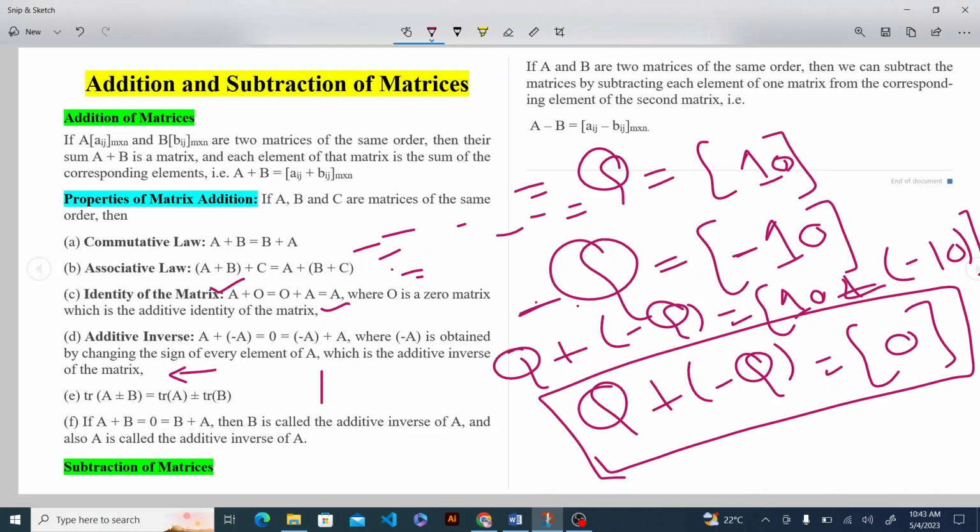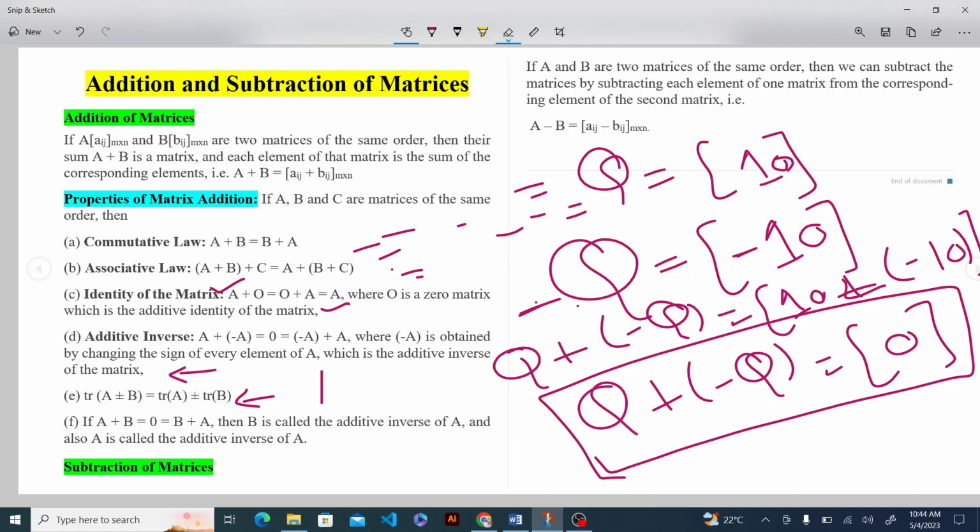Now the fifth property is that if we add or subtract 2 matrices, but as we are studying addition of matrices, I will go for addition only. If we add 2 matrices A and B and take its transpose, and on the other hand we first take the transpose of matrix A and then the transpose of matrix B, and then add those 2 matrices, then the answer will be the same as when we first added the 2 matrices and then took the transpose.